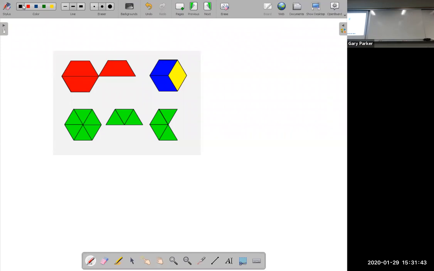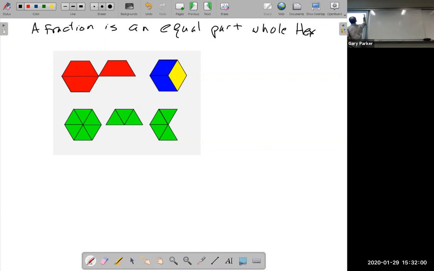So I, up front, say a fraction is in equal parts. In this case, I'm going to be more specific and say of a whole hexagon, because I'm letting one hexagon be a whole. So I'm going to write that a little bit different.